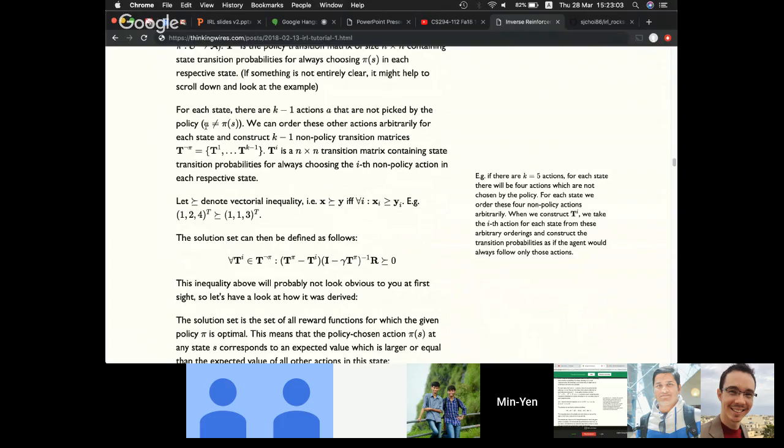And it's called a maximum entropy approach because we want to have the most uncertainty in the policy itself, in the sense that we don't want to overly constrain anything besides what the policy actually does.